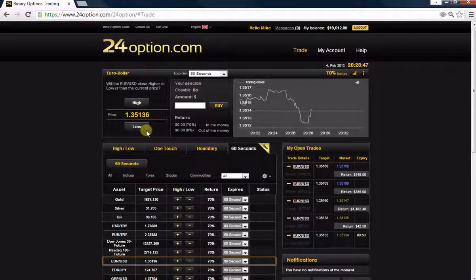And again, the idea here is that you're trading sequentially, meaning after 60 seconds, you're going to put in another call or put based on how you predict that the market or the currency is going to trade. And you want to be able to catch it at the end of that 60 seconds. And if you do catch it sequentially after every 60 seconds, you're guaranteed to make money.